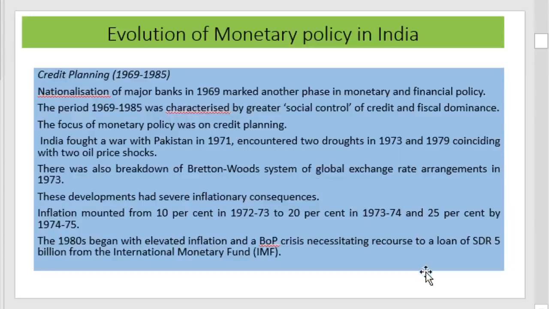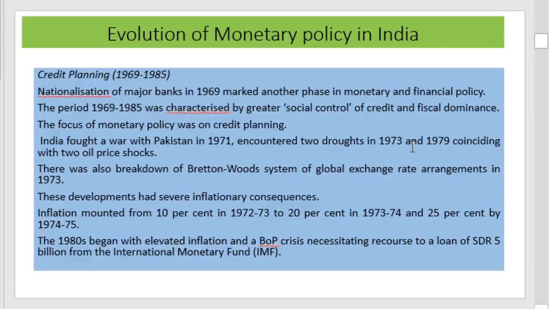The third period is the period of credit planning, or 69 to 85. During this period, the nationalization of major banks in 1969 marked another phase in monetary and financial policy. The period 1969 to 85 was characterized by greater social control of credit and fiscal dominance.